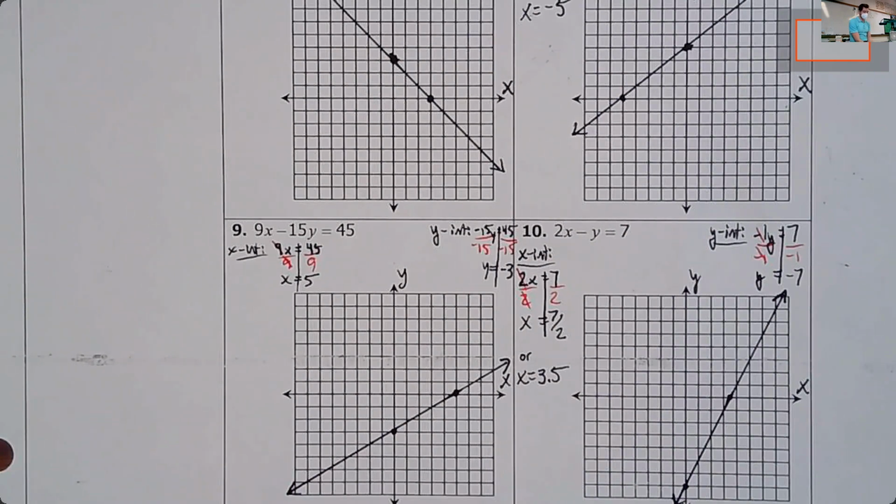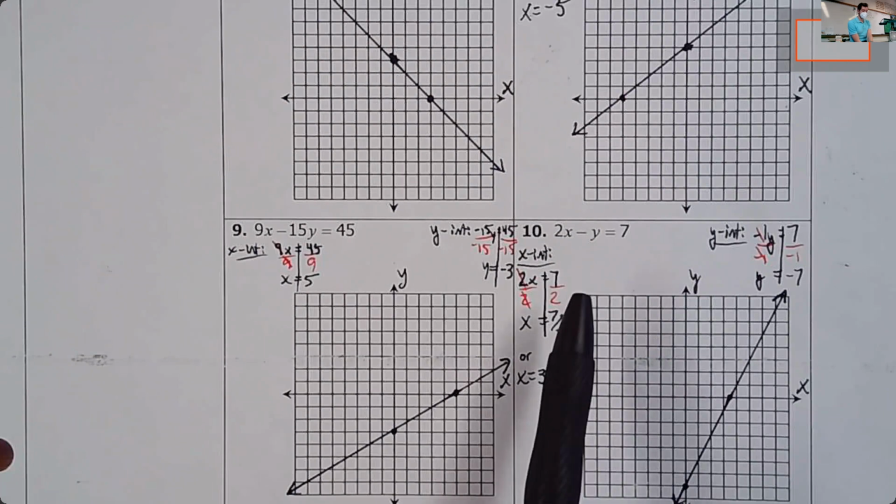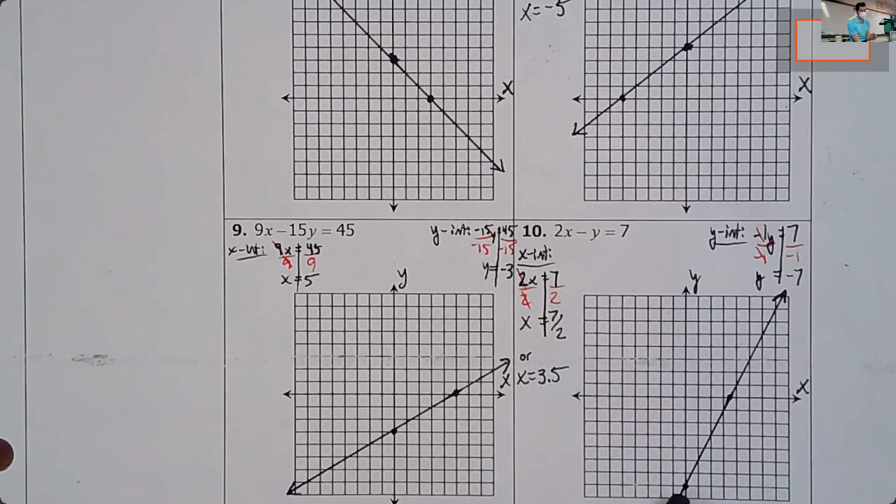This one, I would actually say we should have converted to slope-intercept, and then done the y-intercept down here at -7, and then used our slope, which would have been, I think, 2. Yeah, slope is 2, so 2/1. So I would have said we should have done y equals 2/1x minus 7, as opposed to this. It's not the most exact way to do it, but it works.